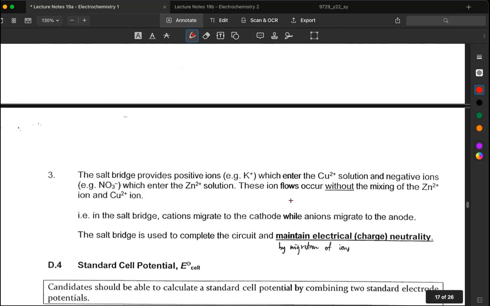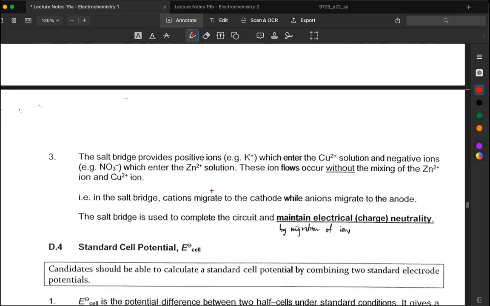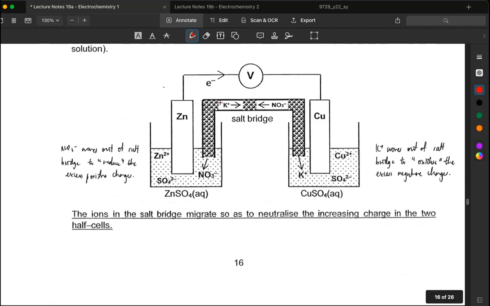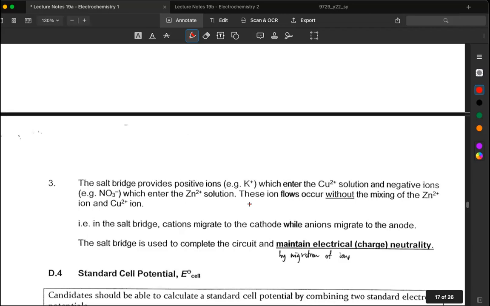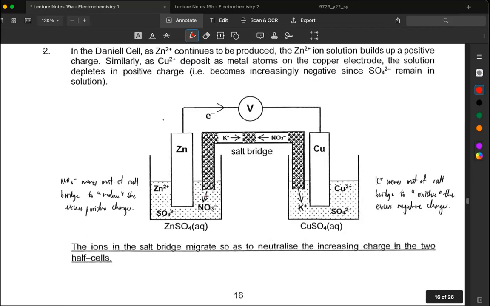So the salt bridge provides positive ions that enter the Cu2+ solution, and the negative ions enter the Zn2+ solution. So what is flowing is the ions of the salt bridge, the KNO3. Okay, so the ions flow, and when the ions flow, it will prevent the ions from coming here. So the ions here cannot go in.